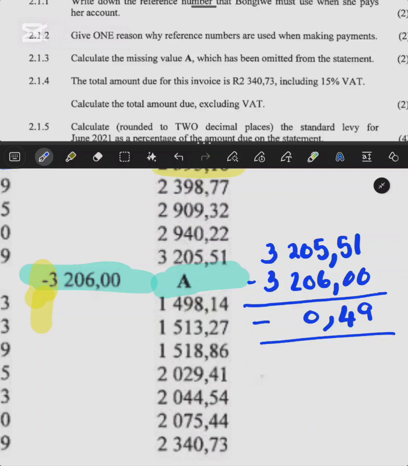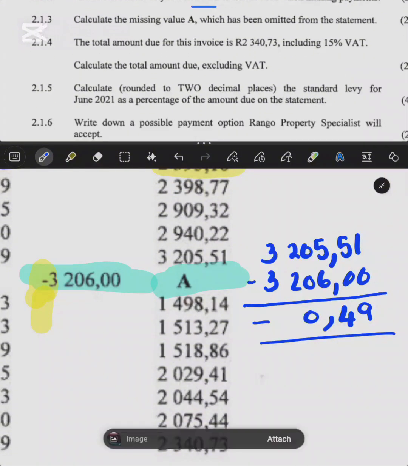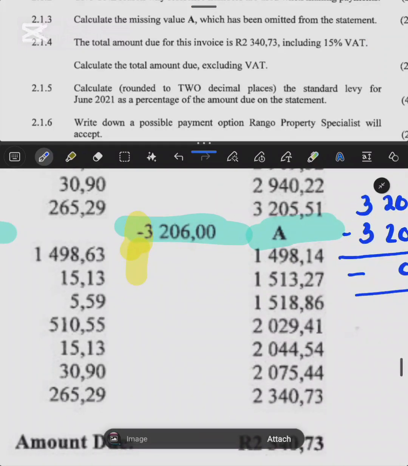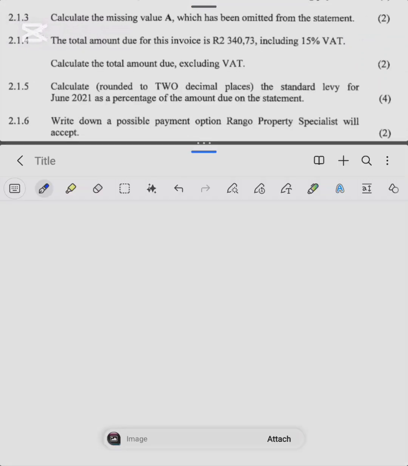All right. Then if we look at 2.1.4, they tell us over here that the total due for this invoice is 2,340.73. This includes VAT, and they want us to calculate the amount due excluding VAT. So this is quite straightforward. It's just simply removing VAT. So I'm just going to go onto a blank page for this. When we are removing VAT, we are dividing with it.